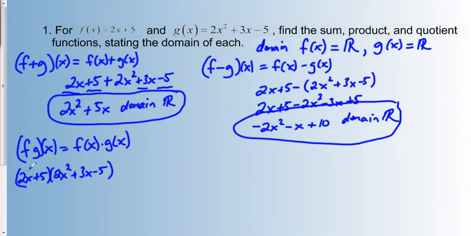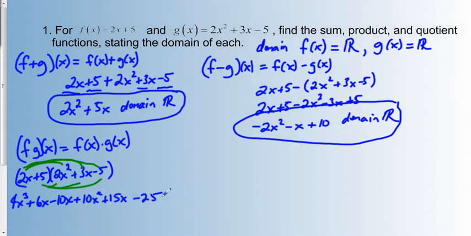So I'll start with the 2x, multiply that by everything. 4x to the third plus 6x minus 10x. Then I'll multiply the positive 5 times everything. Positive 10x squared, positive 15x, negative 25. And then I'll put terms together.